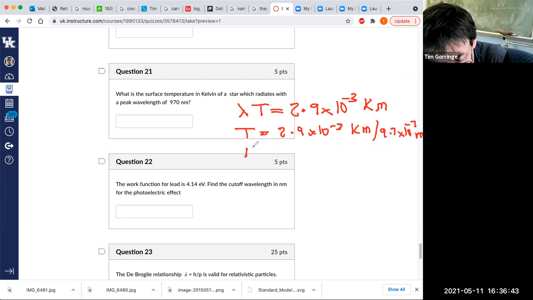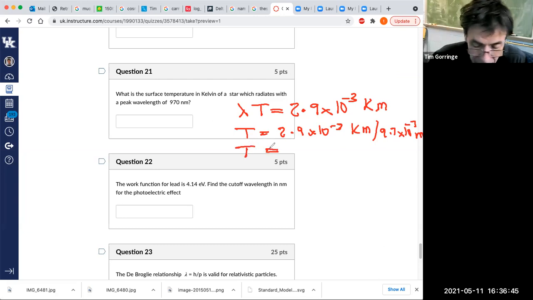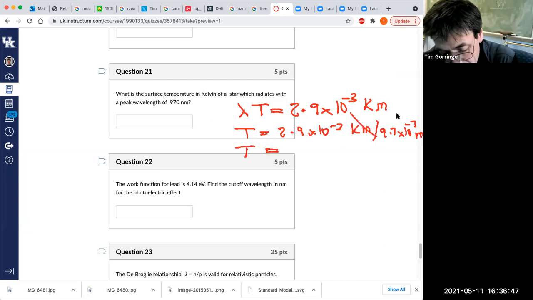If I divide one by the other, the meters are going to cancel out, and I'm left with a temperature that I got as 2,990 Kelvin.